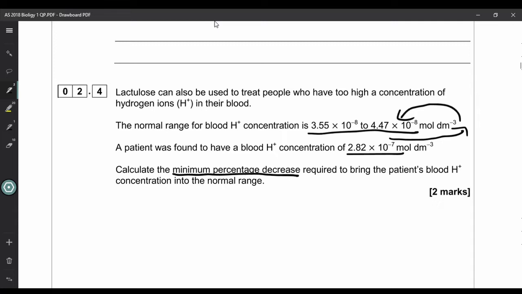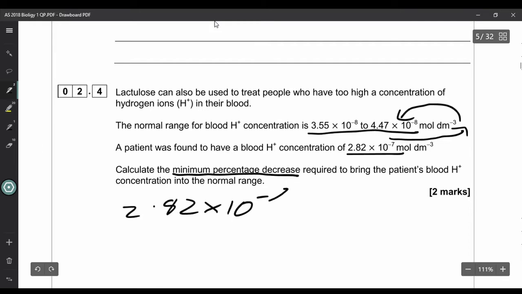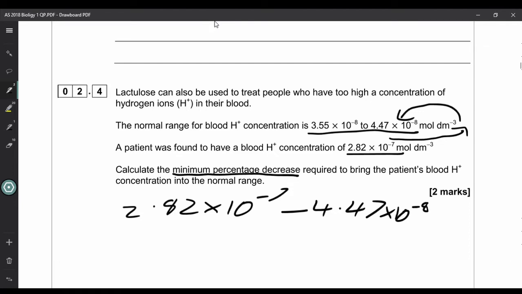So the calculation is 2.82 times 10 to the minus 7 minus the 4.47 times 10 to the minus 8. So this is telling us how much this concentration has to be reduced by to get it into this concentration.